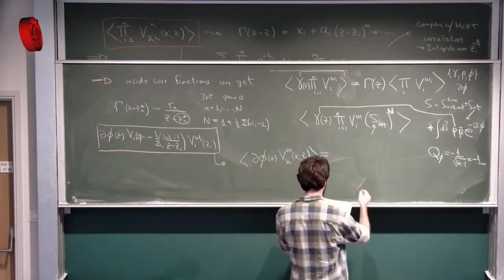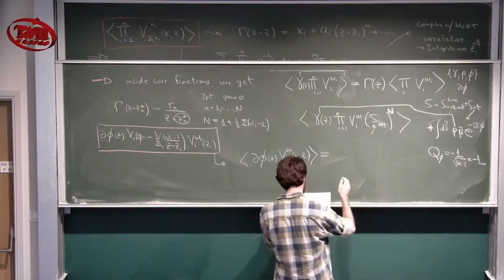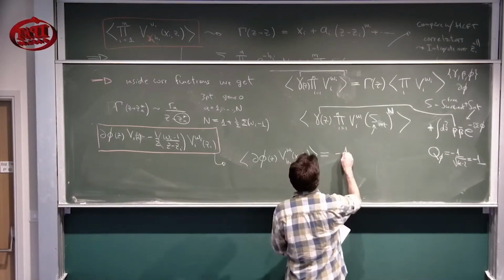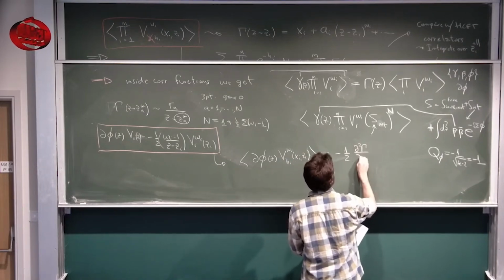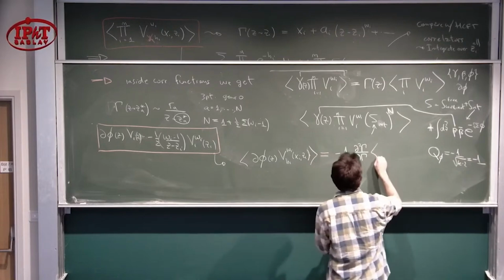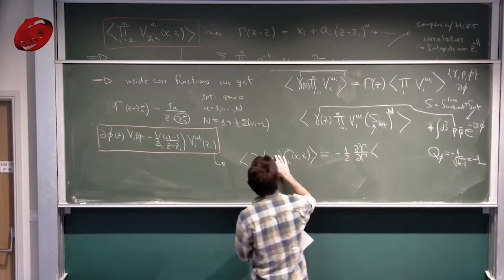You can show that this gives you exactly something that behaves like minus 1/2 the second derivative of the covering map divided by the derivative of the covering map.